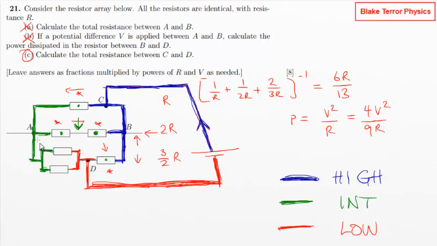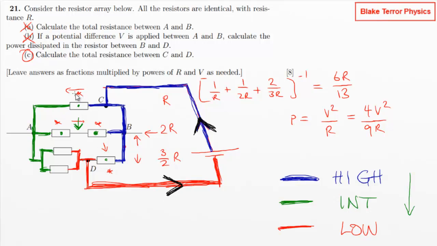Now, when thinking about what direction the current can be flowing, we can only go from high down to low. We can't go in the other direction. It has to be going from blue to green, or from blue to red, or from green to red. So we can see now which direction everything's going to be moving in terms of current. We've got our current coming out and going in, so that's fine.